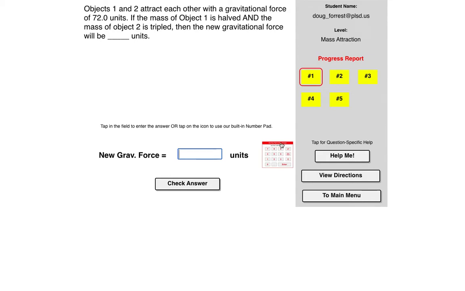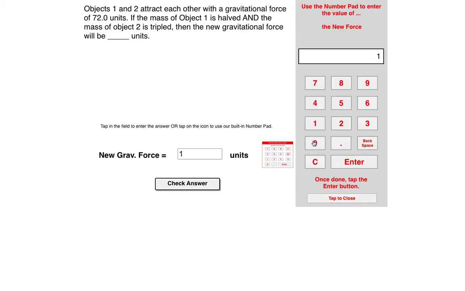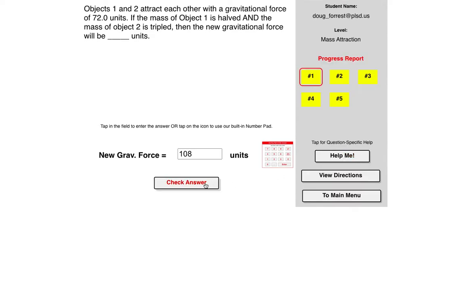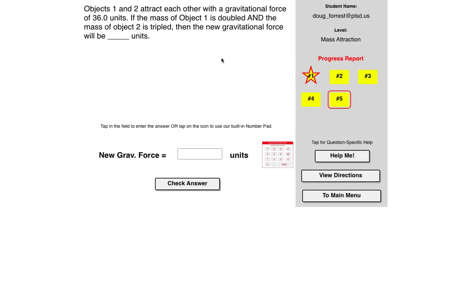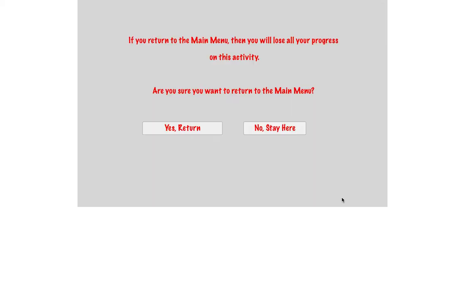You can either type that in or type it in from this keypad. And remember, if you do miss one, you have to go back and get something very similar to it twice. So all these will deal with masses changing. So I'm going to get back to main menu.